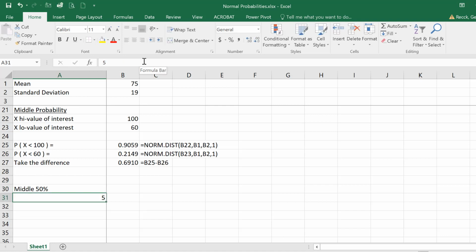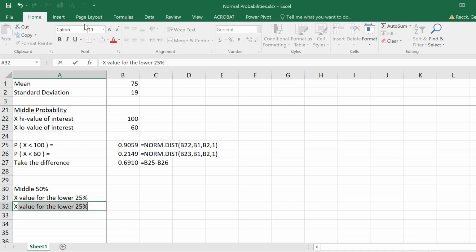So the first thing we need to do is find the x value for the lower 25%. Then we'll find the x value for the lower 75%.